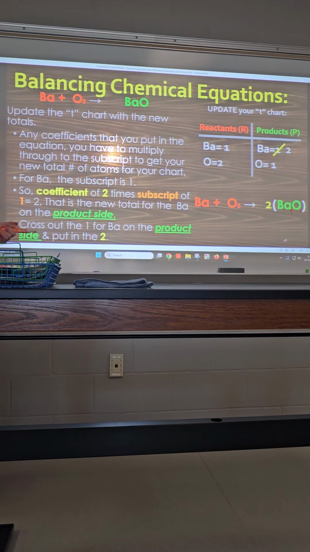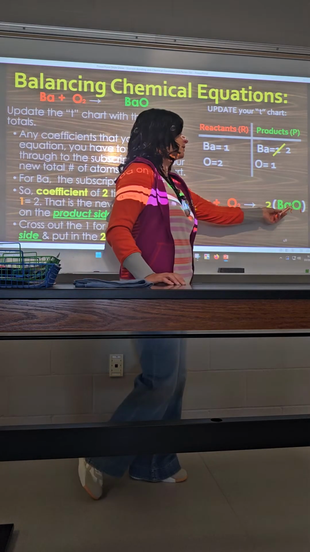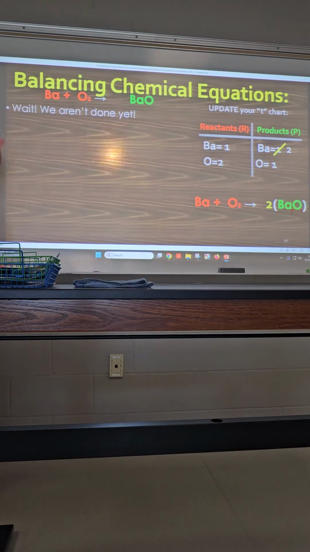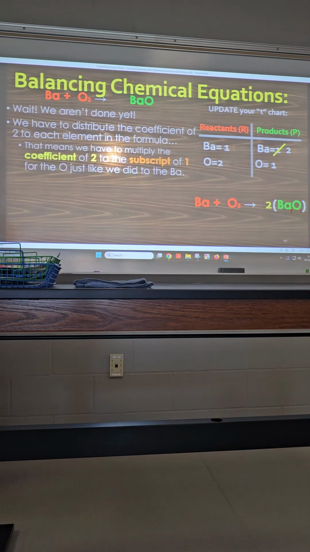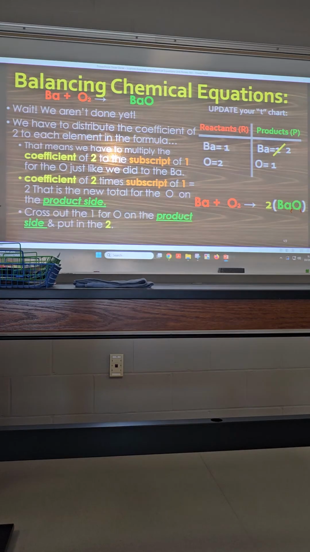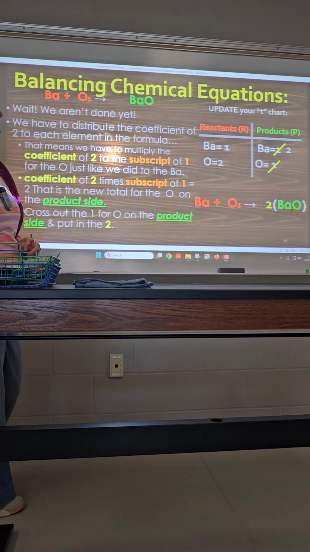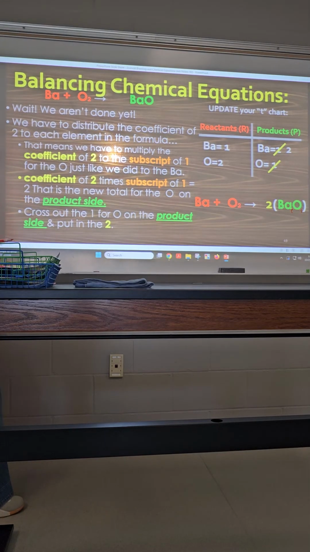But we're not done. The 2 also has to distribute to the oxygen. That's what we're going to do on slide 49. The 2 has to go to the 1 of oxygen, so that updates it to a 2. We have to cross out the 1 again and update that one to a 2.